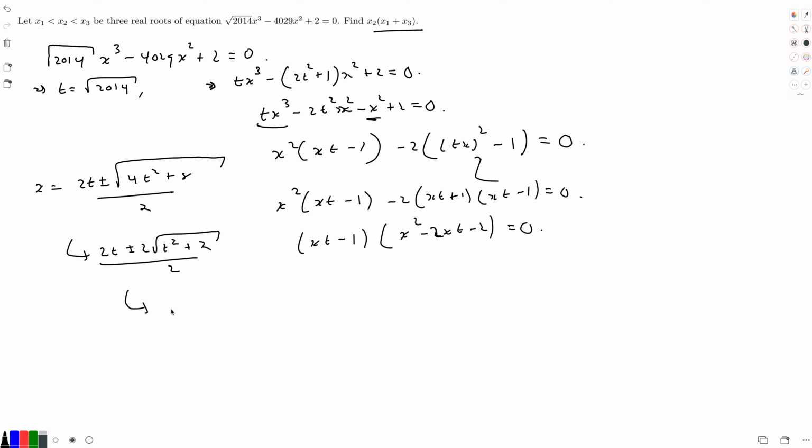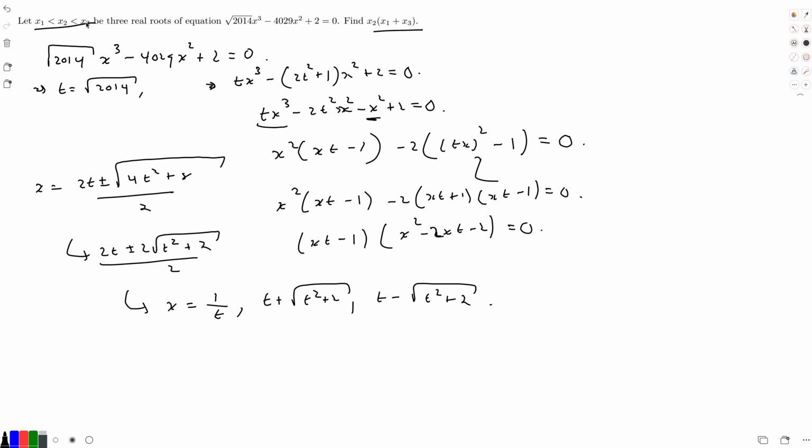Okay, so x is equal to, I'll just write all of them: 1 over t, t plus root (t squared plus 2), and t minus root (t squared plus 2). Now we have our three roots, and let's look at our constraints.